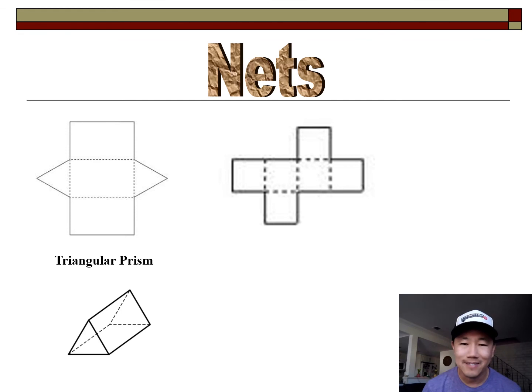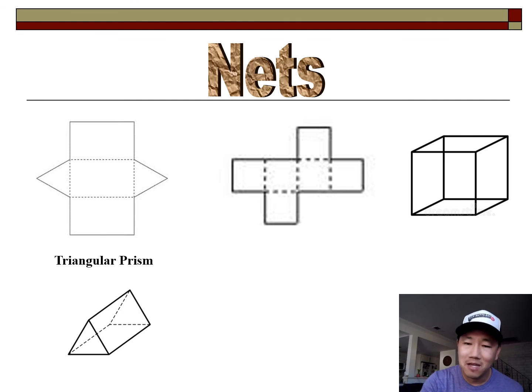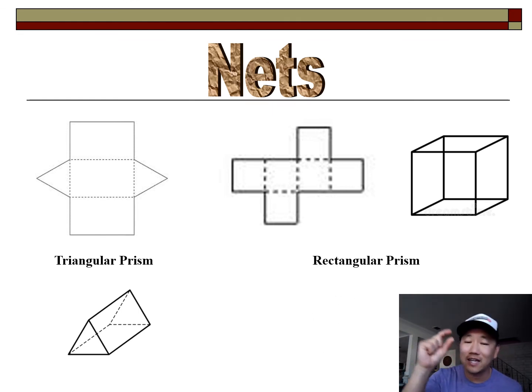What about this? What happens if you folded the flaps up and put it back into a 3-dimensional shape? What shape do you think that would turn into? Yeah, a little box. We call that a rectangular prism. In this case, if all the sides are the same, we can call it a cube, but to be more general, a rectangular prism.